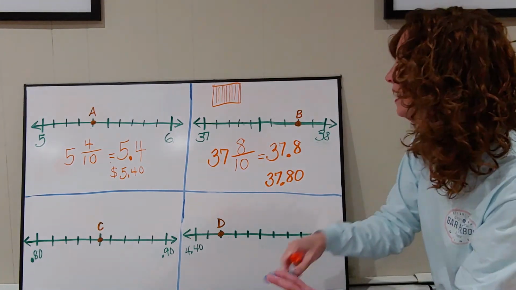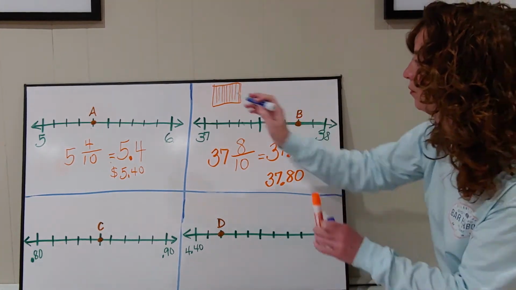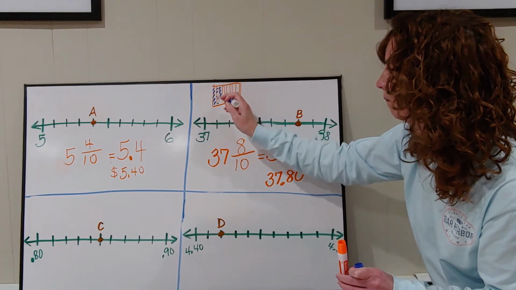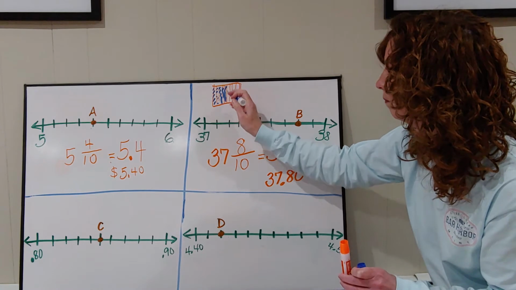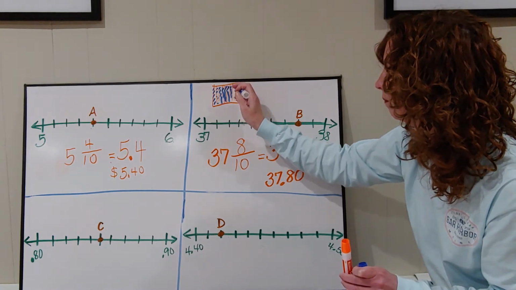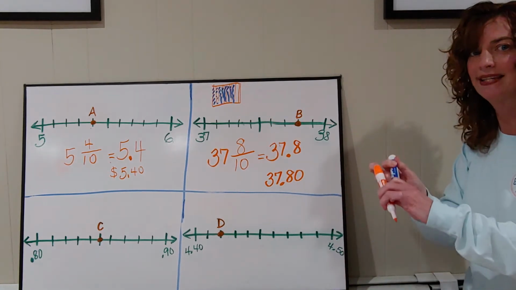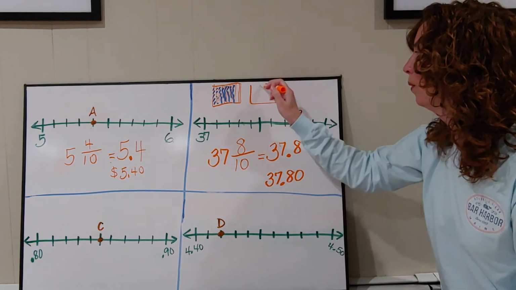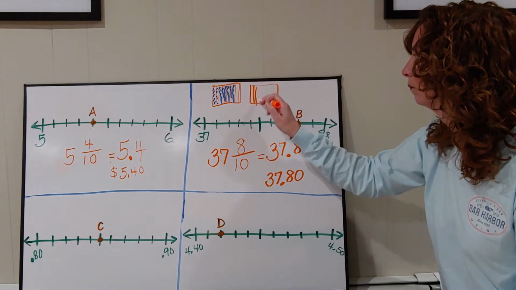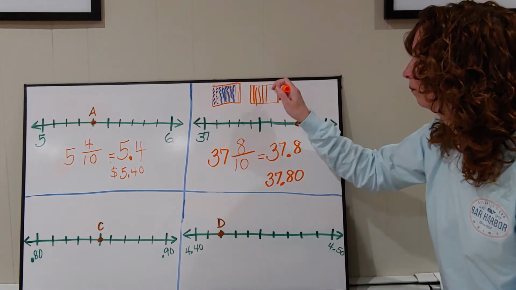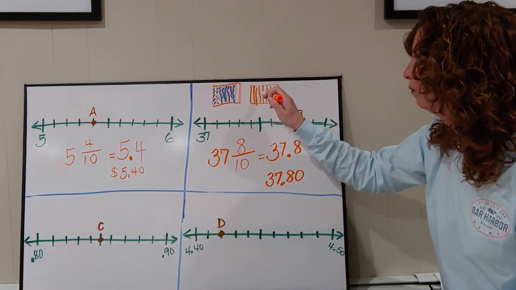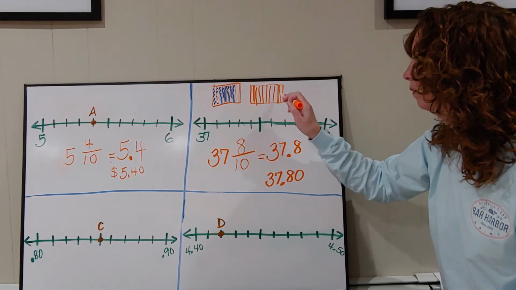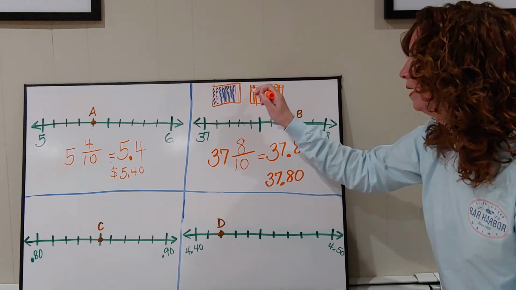So if we color in 8 of these, it's the same as having 80 boxes colored on our 100 square. And then we do our boxes this way.